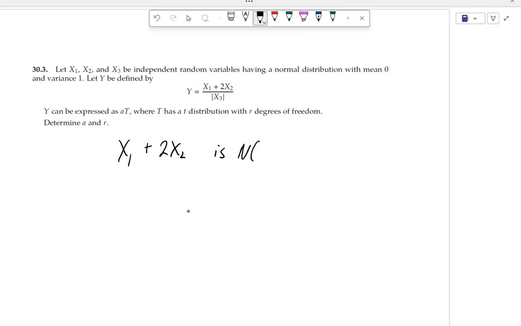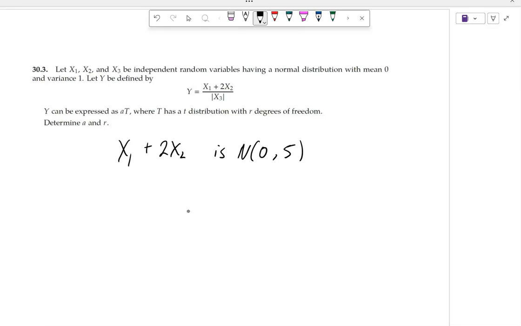Normal. What will the mean be? 0 again, right? Because it's 0 plus 2 times 0. But what will the variance be? Careful. It'd be 5, right? We have to square the 2. It's the variance of X1 plus the variance of 2X2, but I have to pull that 2 out and square it, so we have 4. So it's normal 0, 5.